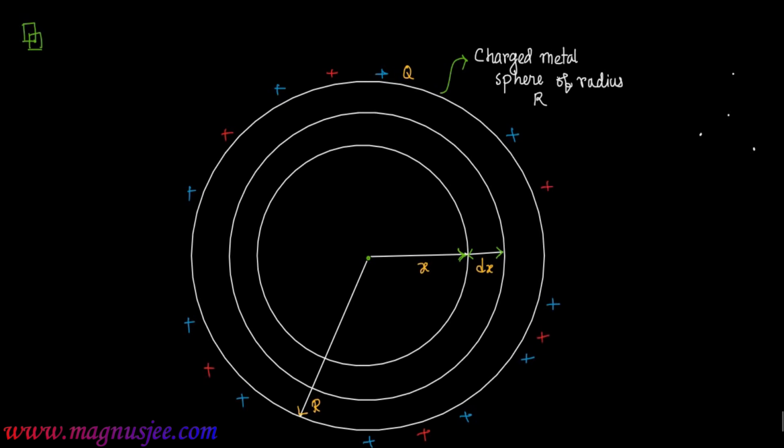Though the charge exists on the surface of the sphere, you can assume that this charge is concentrated at the center O, and here dV is the volume of the elementary portion, and dV is equal to 4 pi x square dx, and small d capital U is the energy contained.